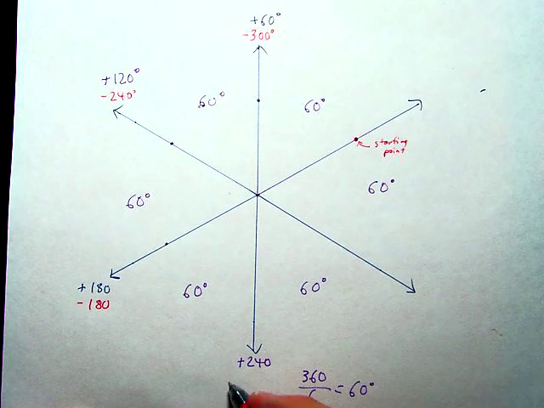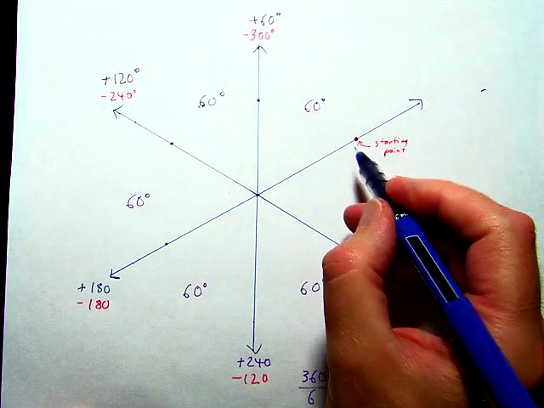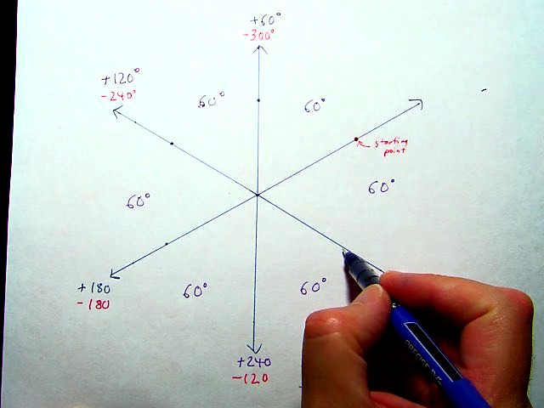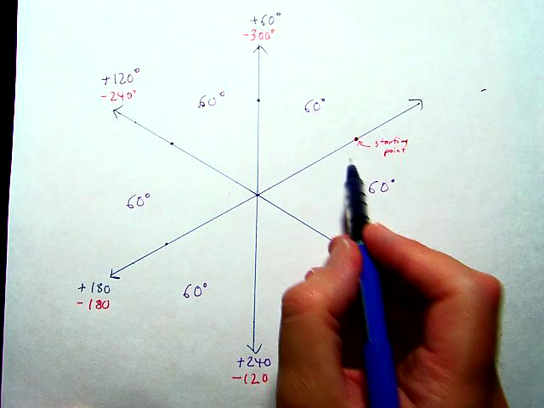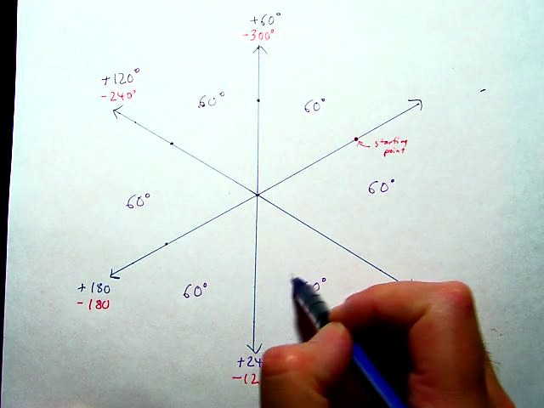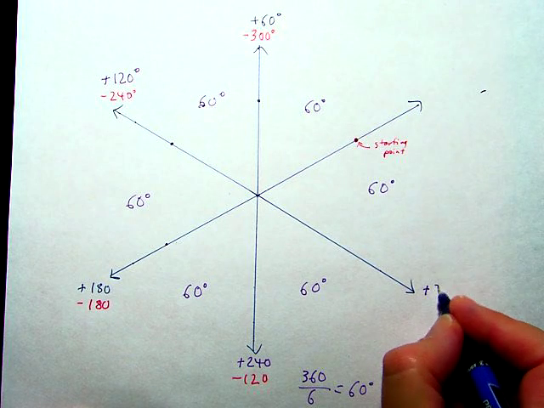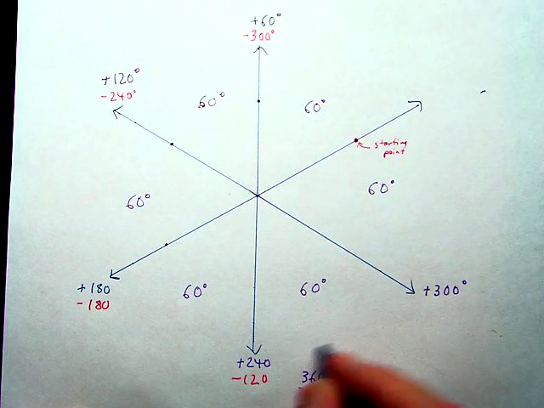Hope you see that. Okay, and finally, to go from here all the way to here, if we went in the positive direction, we'd have to go 1, 2, 3, 4, 5 times 60, which is 300. So that would take us a positive 300 degrees.